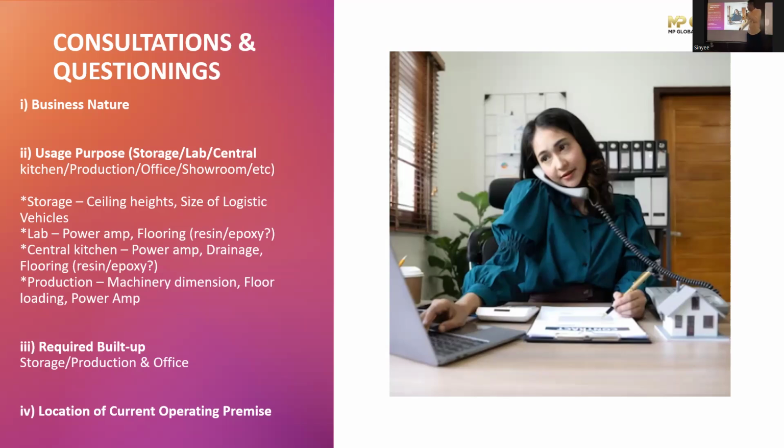Next, if they are using it for storage, take note. Make sure to ask them their ceiling height and the size of their logistic vehicles. Why? Ask them, do you need to use a racking system? If yes, then the ceiling height is very important. Second, the size of logistic vehicles.